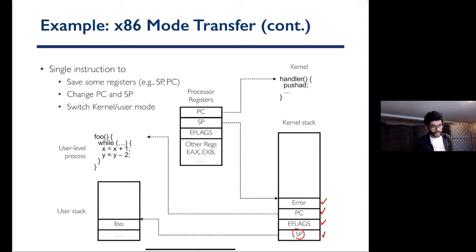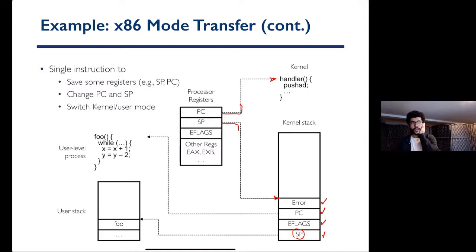Now, the new stack pointer is pointing to the top of the kernel stack, and the PC is pointing to the interrupt handler. All the steps that I showed you in the previous slide happened atomically. So this is now the beginning of the handler.